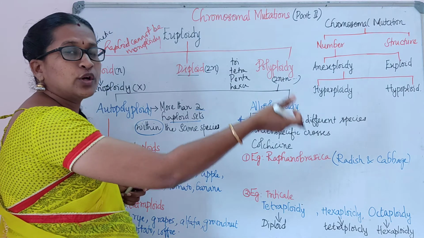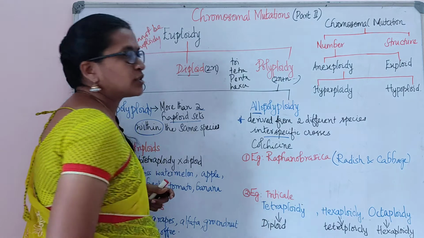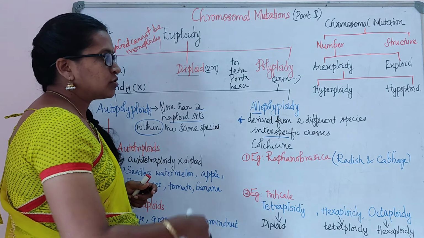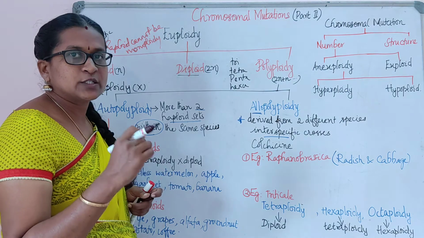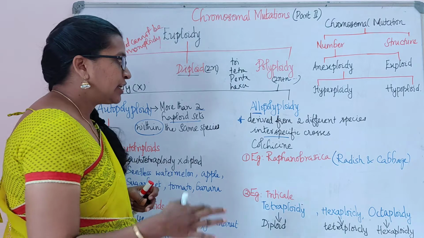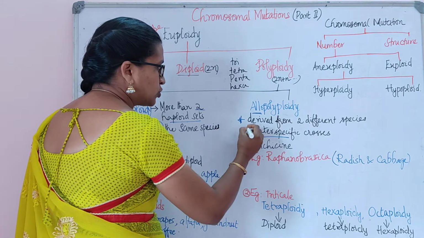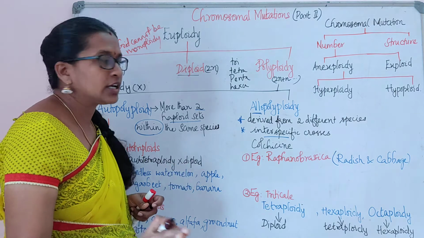So if it is two different species, what is the condition next? There are interspecific crosses. Okay, so obviously if it is two different species, there will be interspecific crosses. And another doubt you will be having, that if there are interspecific crosses, whatever plants can be crossed like that. No, it's not like that.